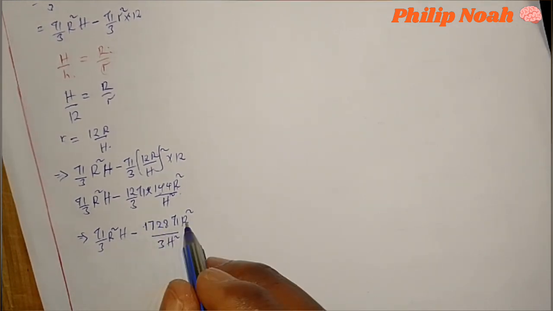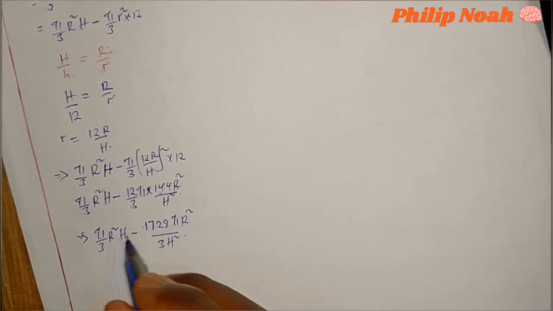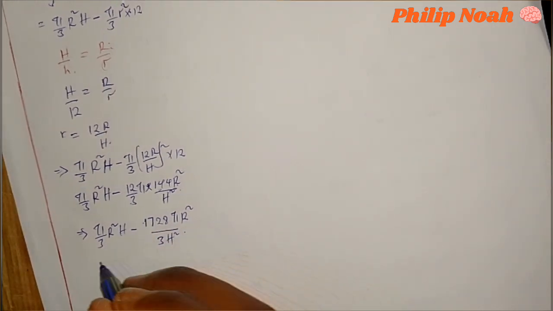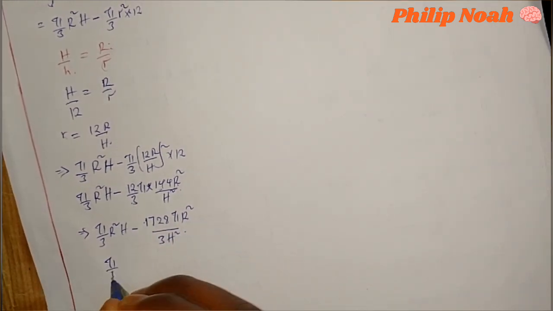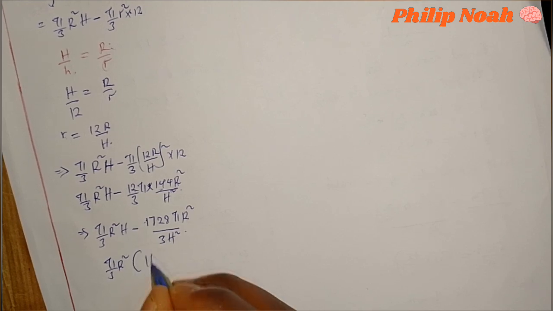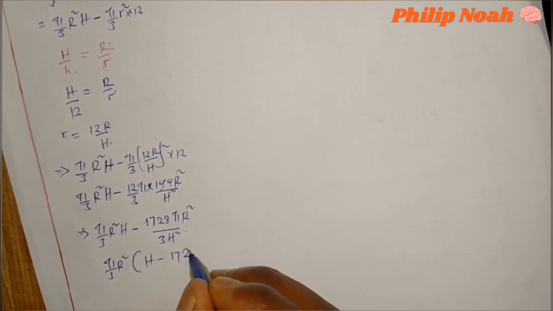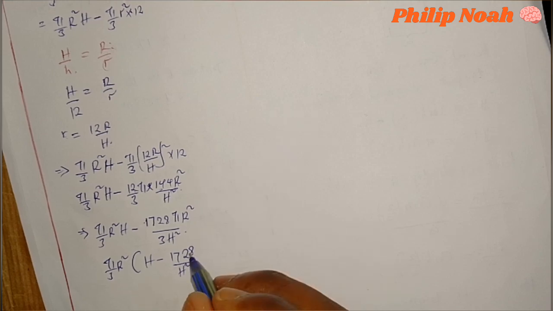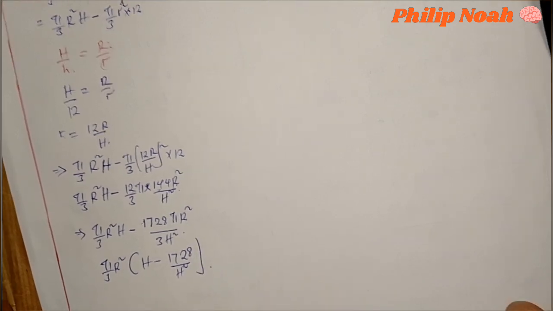We can factor pi over 3 R squared outside, and say pi over 3 R squared into H minus 1728 over H squared. Hope you understand, genius, what I'm doing here.